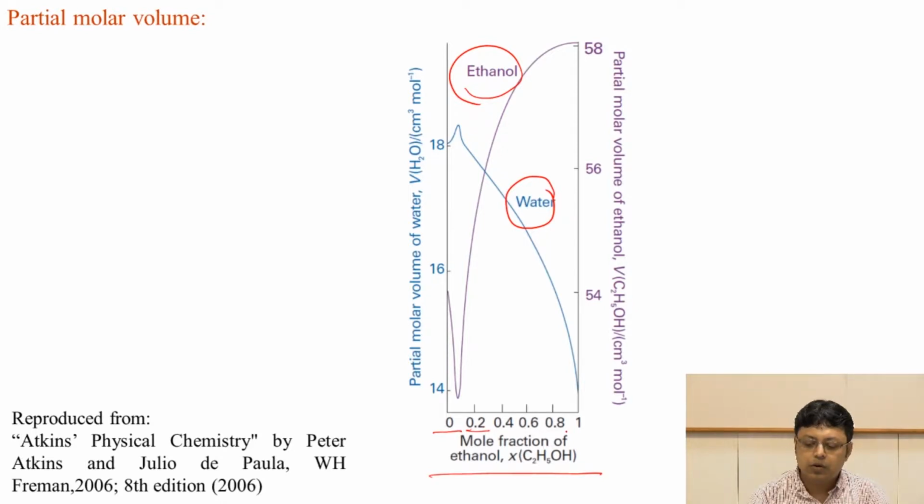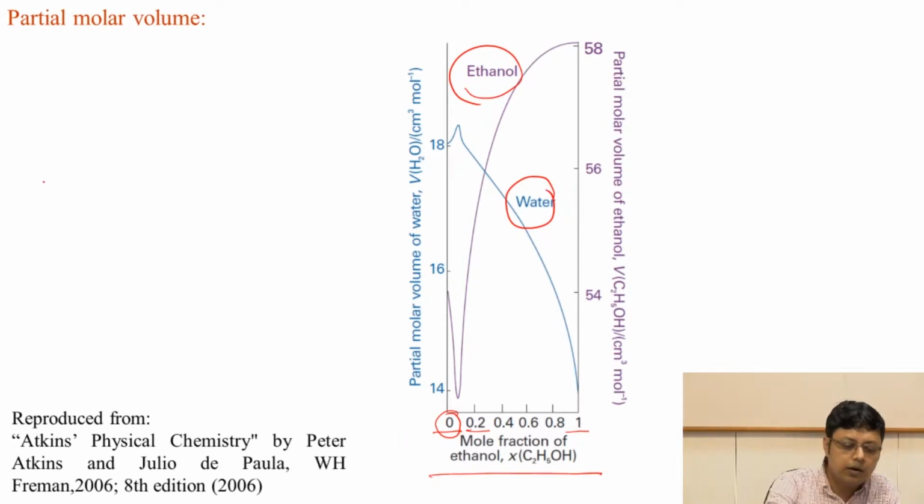We go up to 1.0 mole fraction of ethanol, which means pure ethanol, where the water content is 0. Now think about it. When you start from pure water, where the mole fraction of ethanol is 0, the molar volume is nothing but the molar volume of water itself.